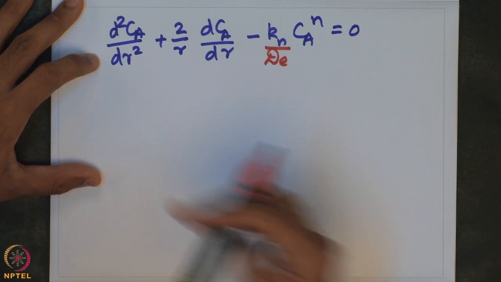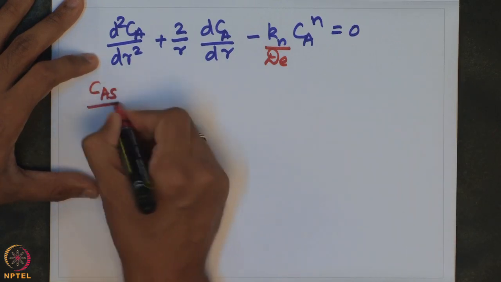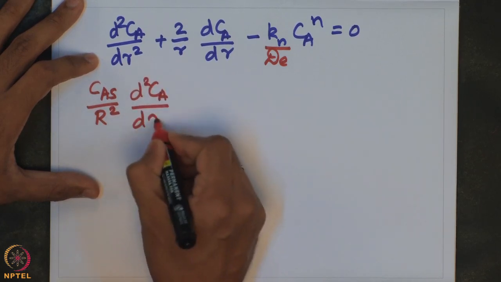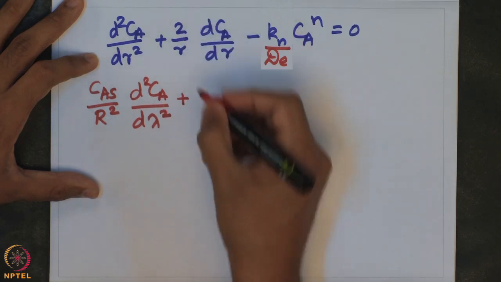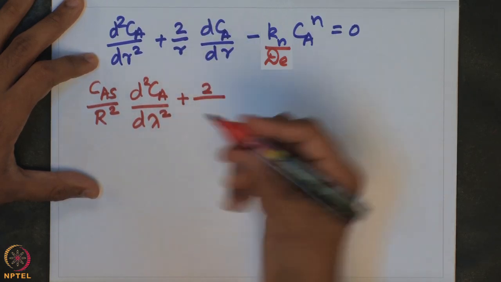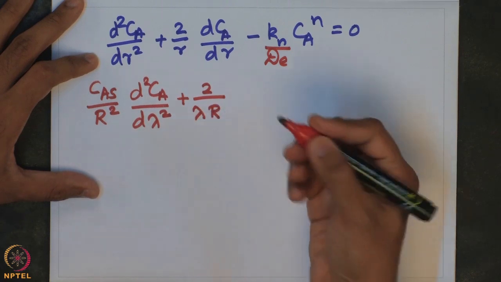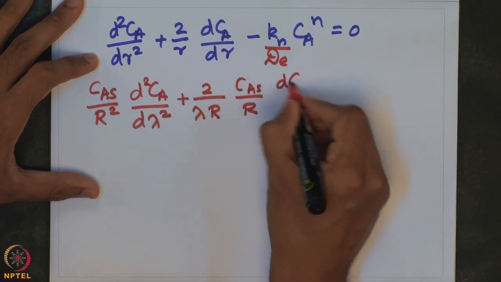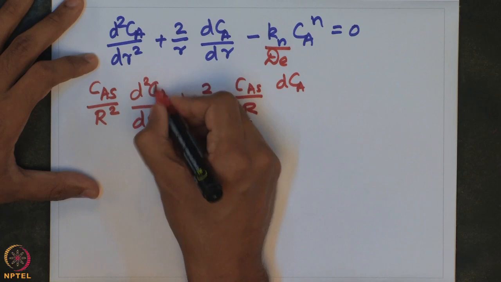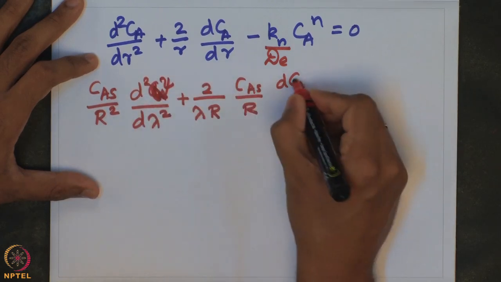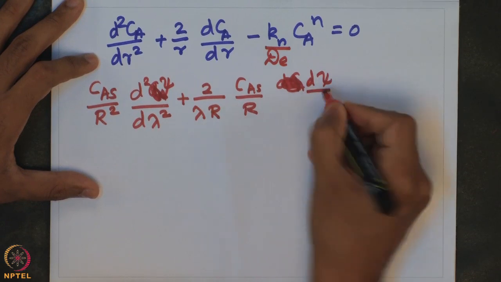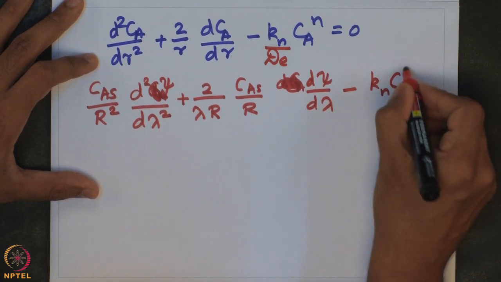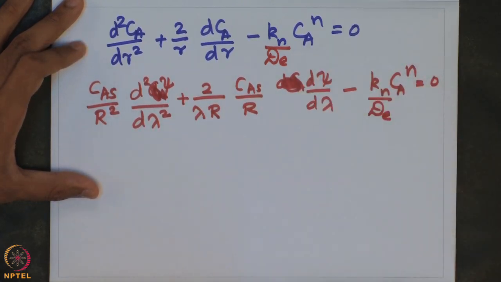So, we know that d square Ca by dr square is nothing but Cas by R square into d square psi by d lambda square, plus we have 2 by, we can write r in terms of lambda, which is r equals lambda into capital R, and that multiplied by Cas by R into d psi by d lambda, minus Kn into Ca to the power of n divided by dE equal to 0.